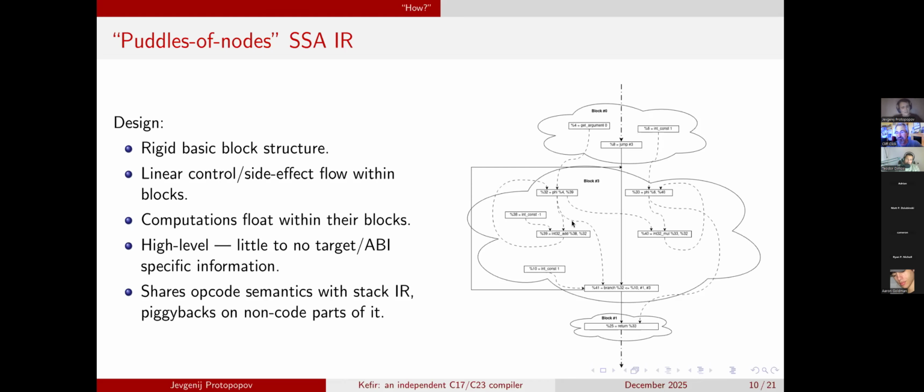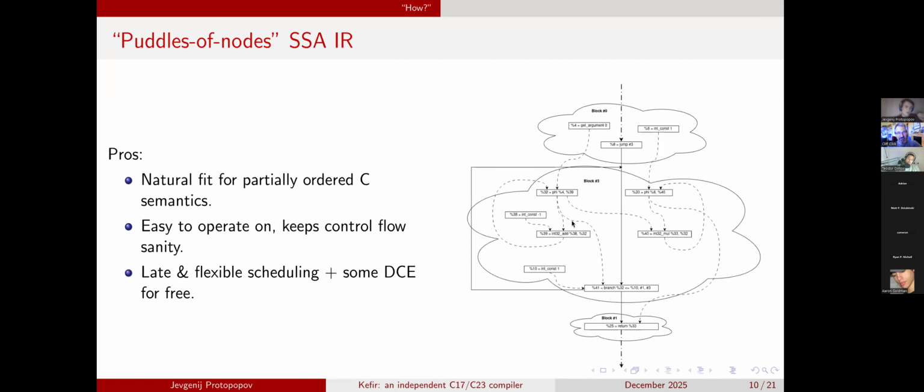So, the idea is that at the abstraction level, this IR shares the core abstraction with stack-based IR in terms of the semantics it presents. Yeah. So the shape is different, so more friendly to the optimizations, but at semantics level, it's still very high level. That was my deliberate decision. And as I mentioned, there are some pros to this.